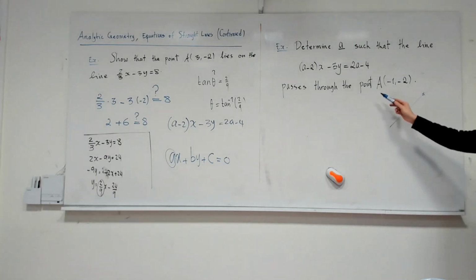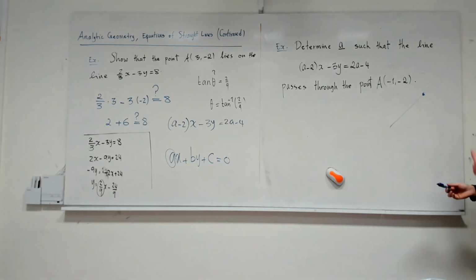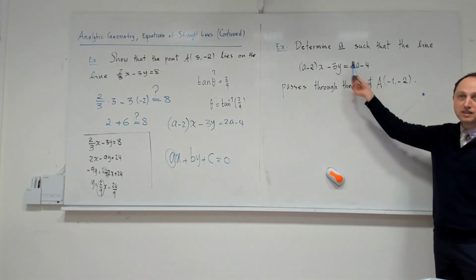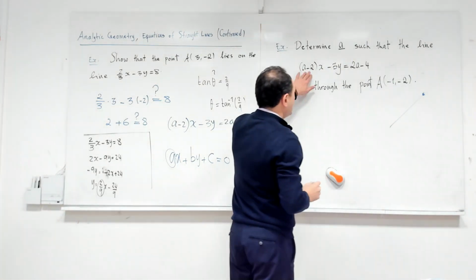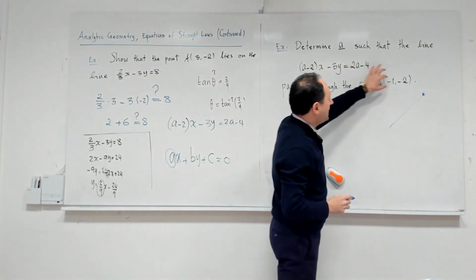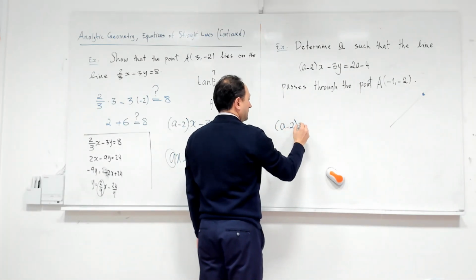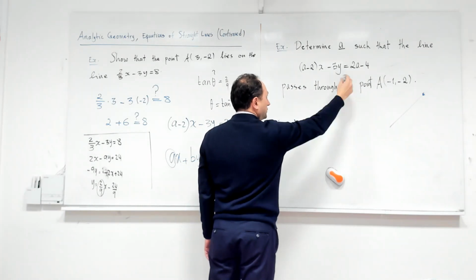My goal is to make it so that this line passes through this point. It means that the point should lie on this line. And there is one way to do that: the coordinates should satisfy the equation. What does it mean? It means that I go to my equation, replace x with the x coordinate, replace y with the y coordinate.